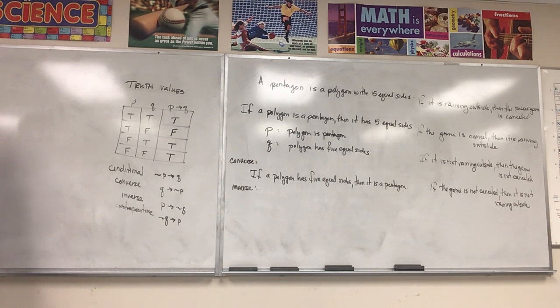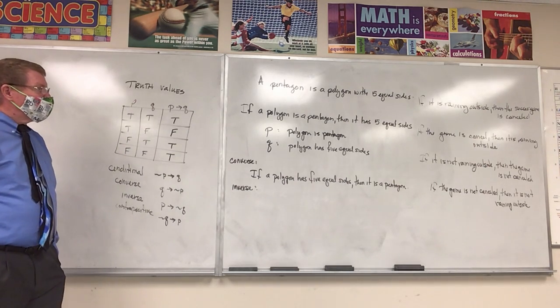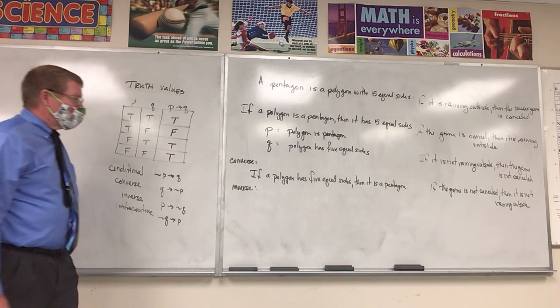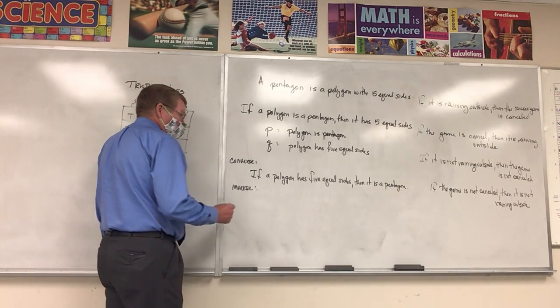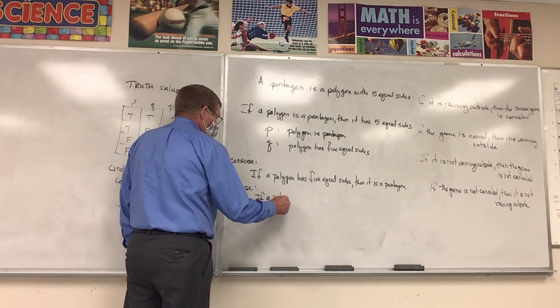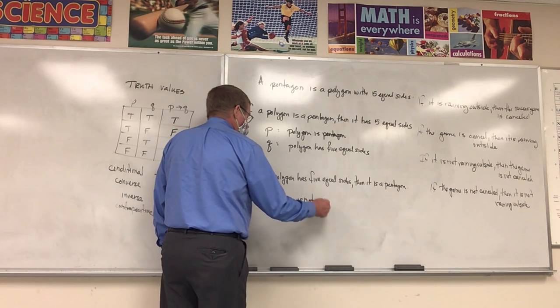Well, which one does the definition say? P and Q conditional. It will be: if a polygon is not a pentagon, then it is not a polygon with 5 equal sides.